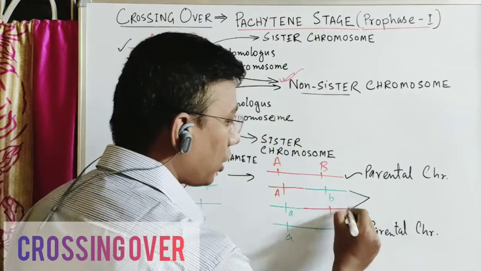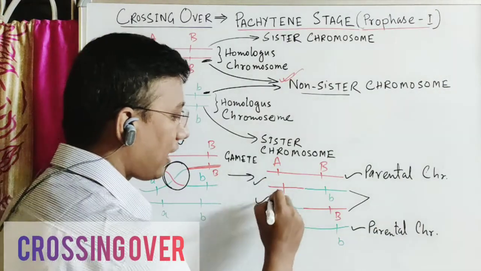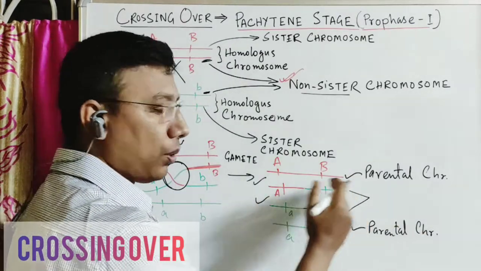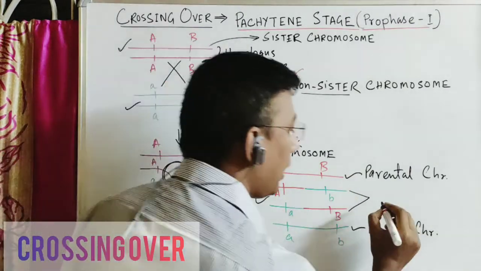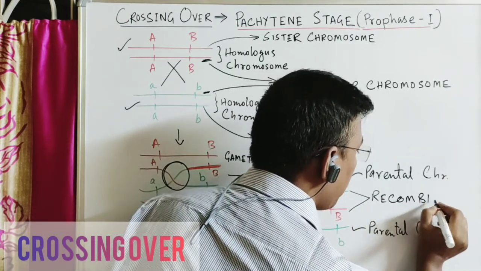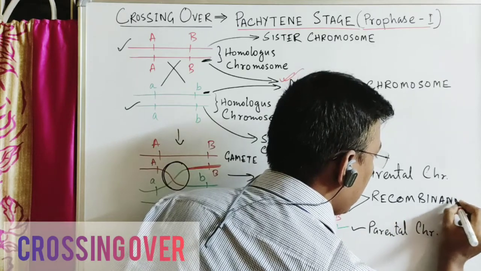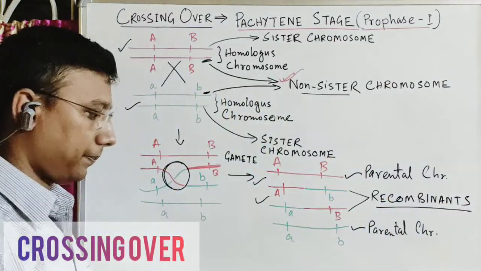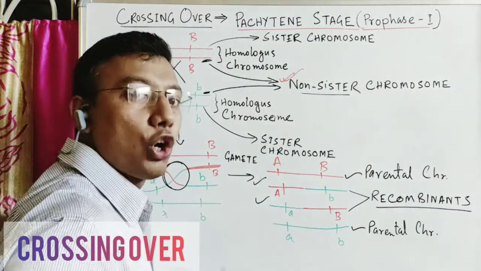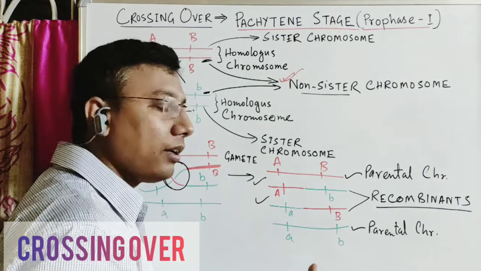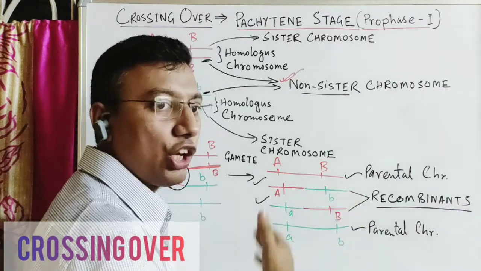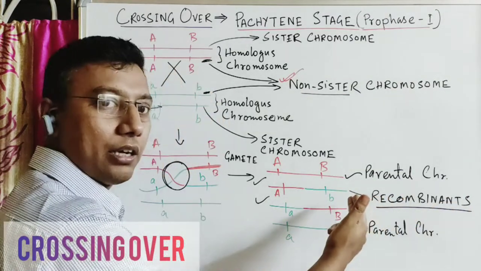And in these chromosomes, this one and this one, recombination occurs, and ultimately the products will be recombinants. यहां पे क्रॉसिंग ओवर हुआ है. The process is called crossing over and the phenomenon is called recombination, and the products that will be produced after the recombination are known as recombinants.